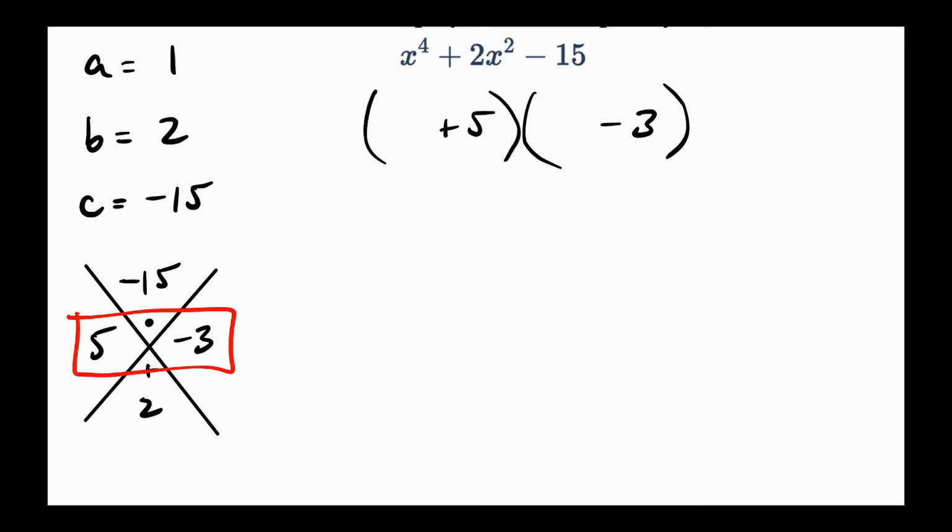So because of that, instead of just x and x, we got to put x squared now. So in front of the plus 5 is going to go an x squared. And in front of the minus 3 is going to go an x squared. Because the powers are bigger now than they were last chapter. Right?